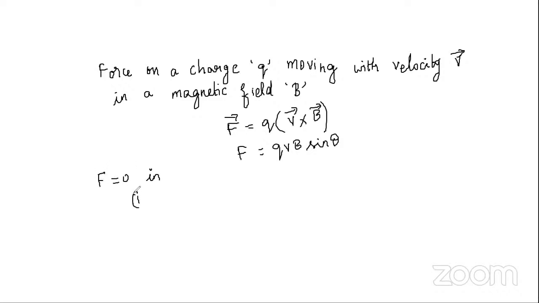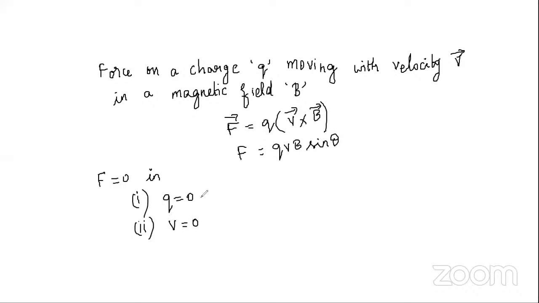The first is when Q equals 0, that means the particle is uncharged. When an uncharged particle moves with some velocity v in a magnetic field, the force becomes 0. The second case is when the velocity is 0. In that case also the force is 0.